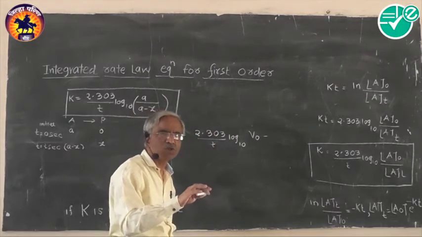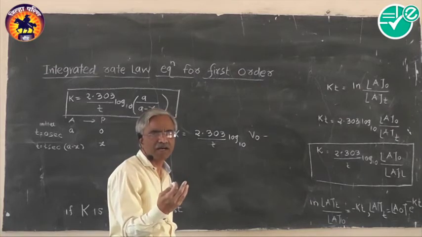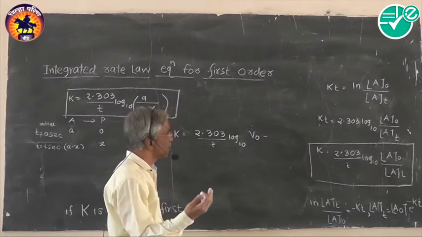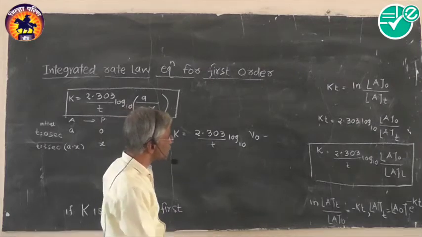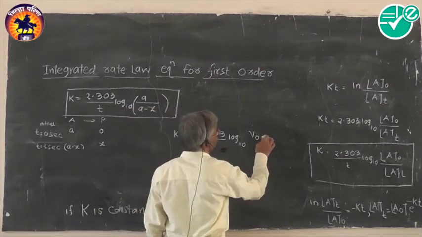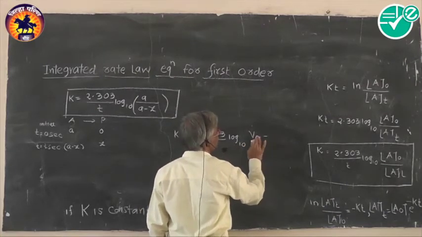Here infinite does not mean infinite; for that reaction it may be after half an hour or maybe 1 hour, depending upon the reaction. When the reaction is completed, then we can take the volume as V infinity.